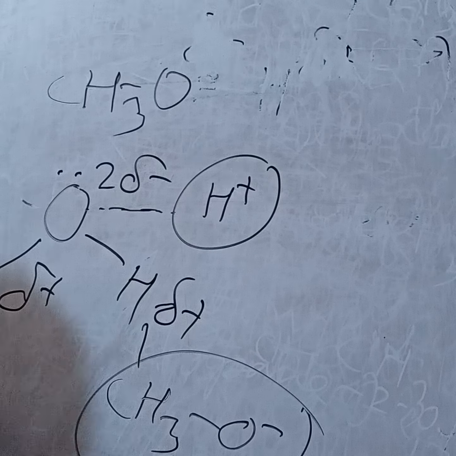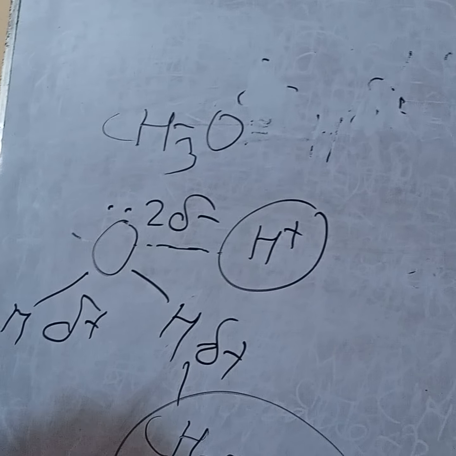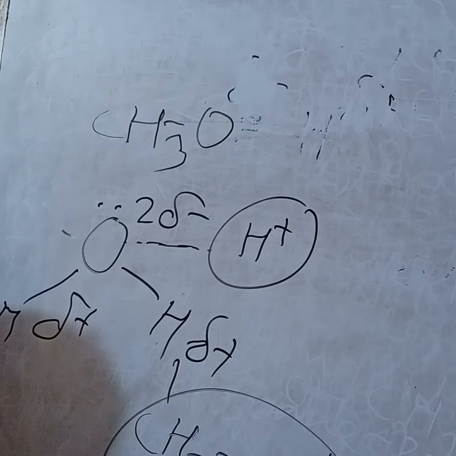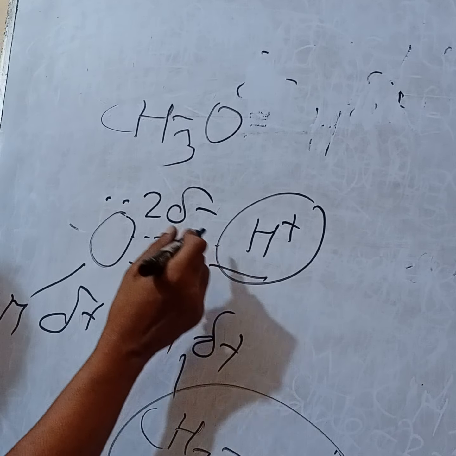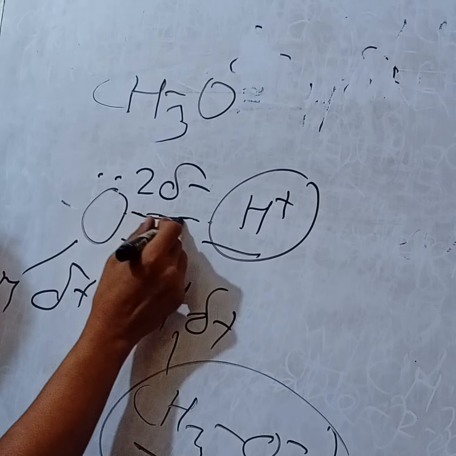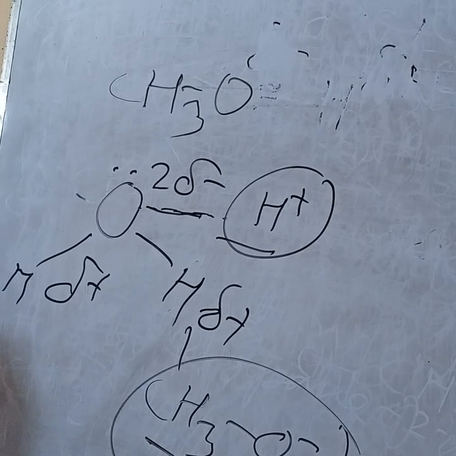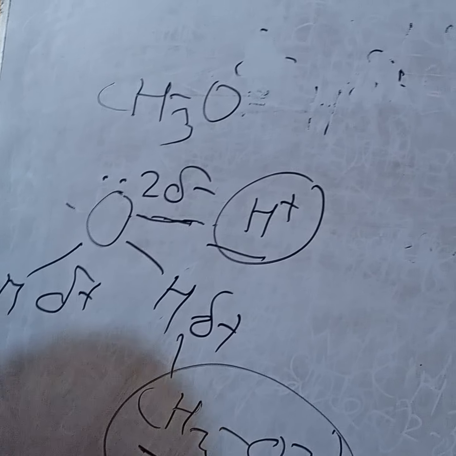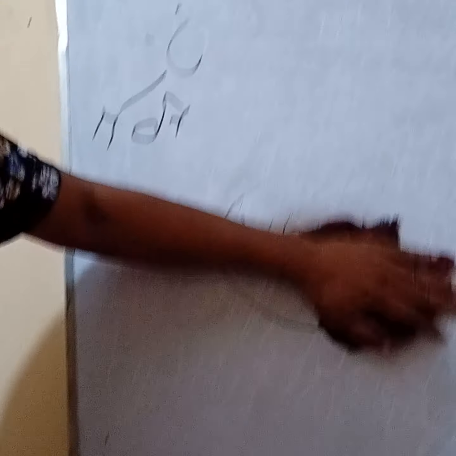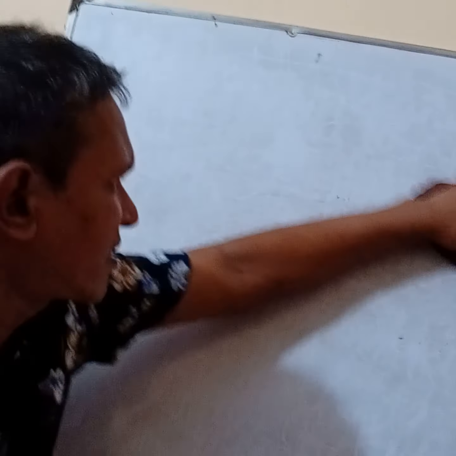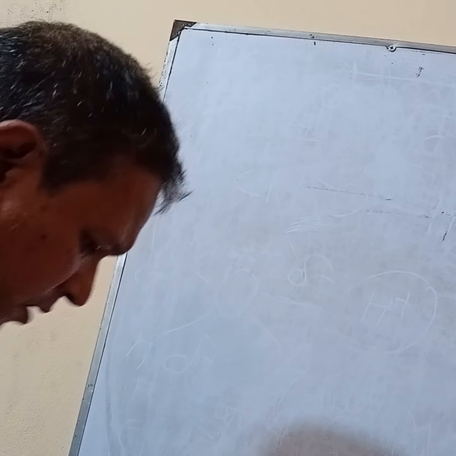How does methanol dissolve? Delta plus is attracted to O and hydrogen is attracted to methyl. In such a way methyl is dissolved in water, and every alcohol dissolves in water this way. For this reason, alcohol and water cannot be divided clearly.